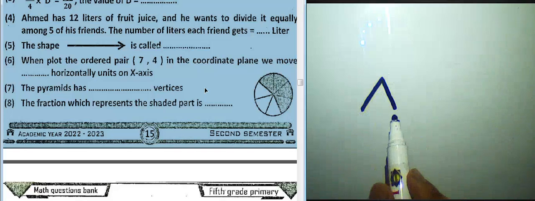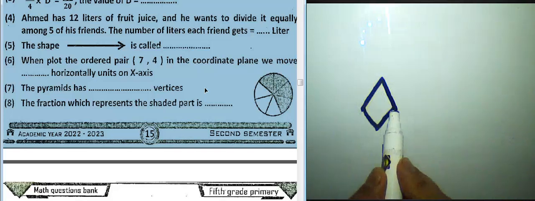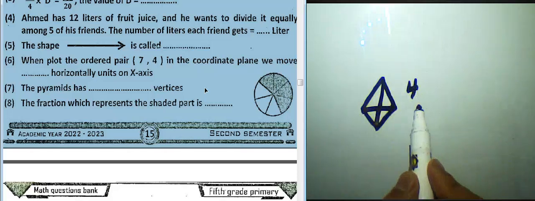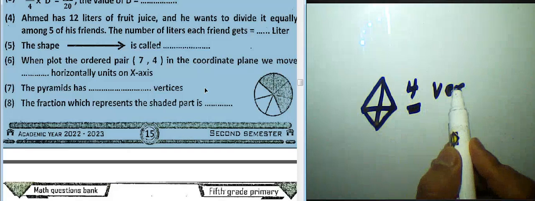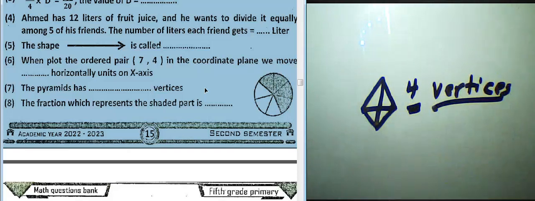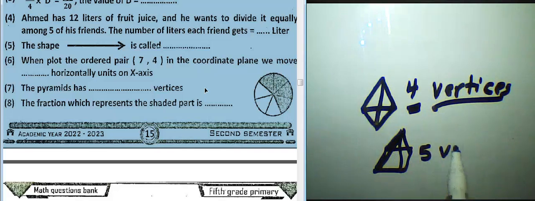If we have a pyramid here, we have 1, 2, 3, 4: 4 vertices. But if we have a square pyramid, we have 5 vertices.